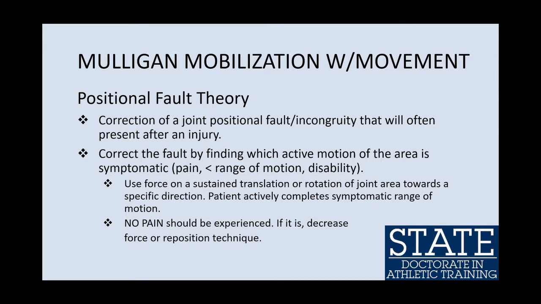So the goal is to correct this positional fault, and it's often corrected by the clinician finding out which type of range of motion of that area is the symptomatic range of motion, the one that produces pain, or the one that's stiff, the one that is increasing the disability of the patient, and to use force on a sustained translation or rotation of the joint area that's symptomatic. And that translation or rotation will be directed in a specific direction.